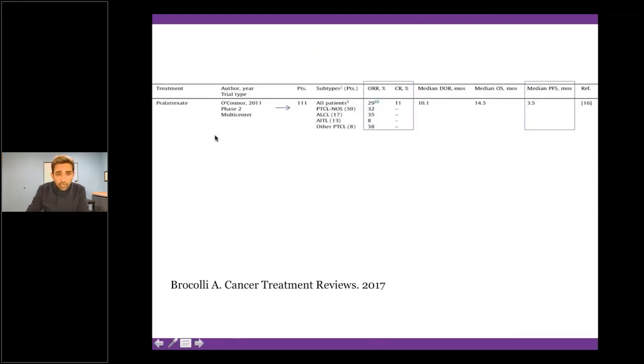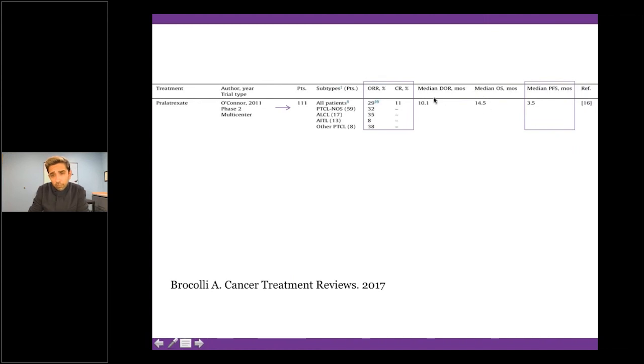So this chart here on pralatrexate shows that there were some studies where they included these many patients, and these are some of the response rates that were reported for different types of T cell lymphoma. And as you can see here, the outcomes are still not that good.